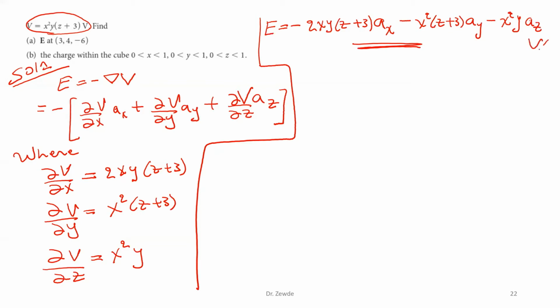And the unit is volts per meter. So that's the answer for A, determining the electric field. Now we're asked to determine it at a specific point.